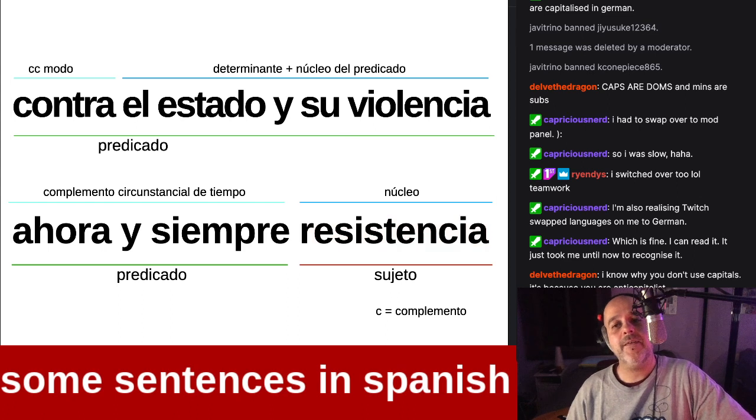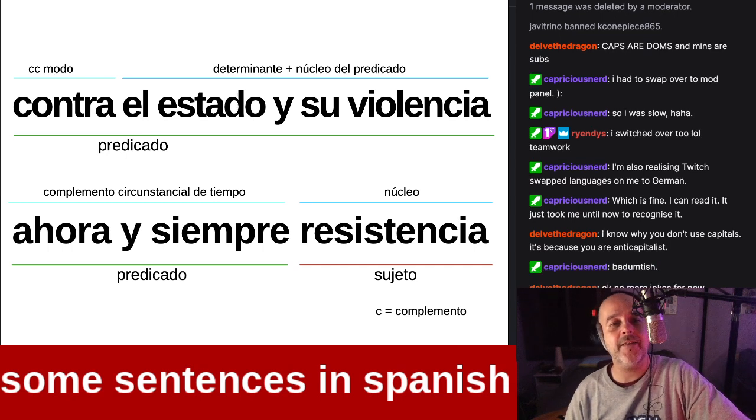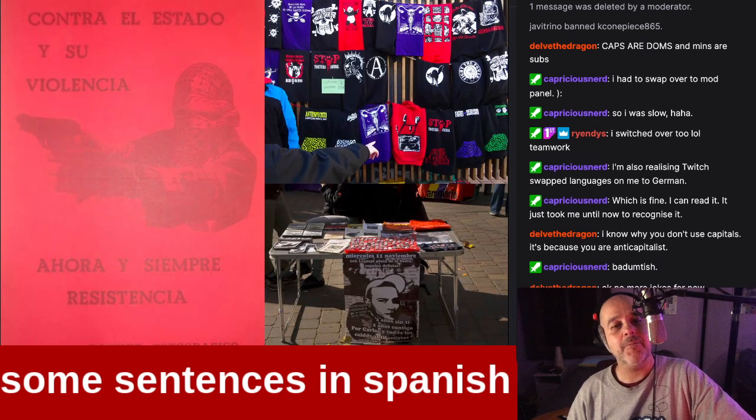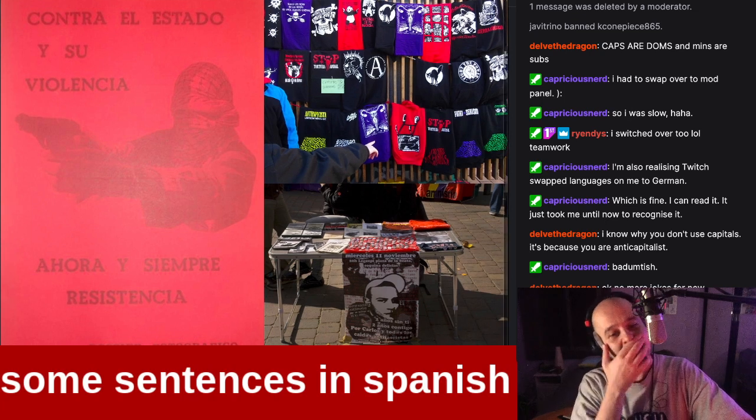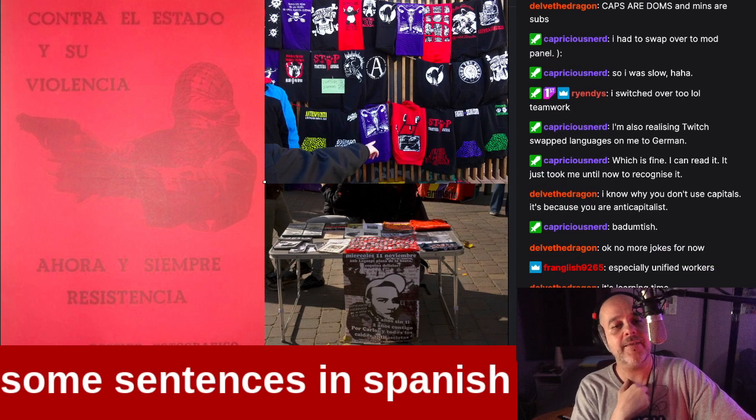So this is a very anarchist sentence. I'm going to switch to the image now because I had no room to put an image, so I did a composite instead. This is one of those fanzines that picked up the sentence, contra el Estado y su violencia, ahora y siempre resistencia.